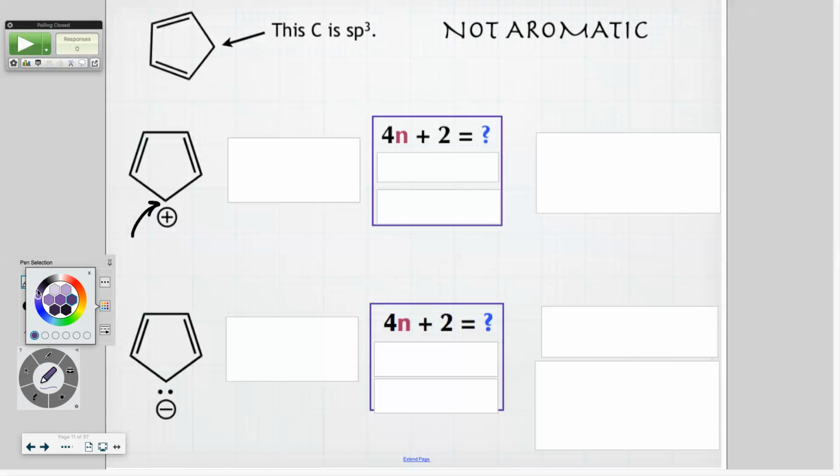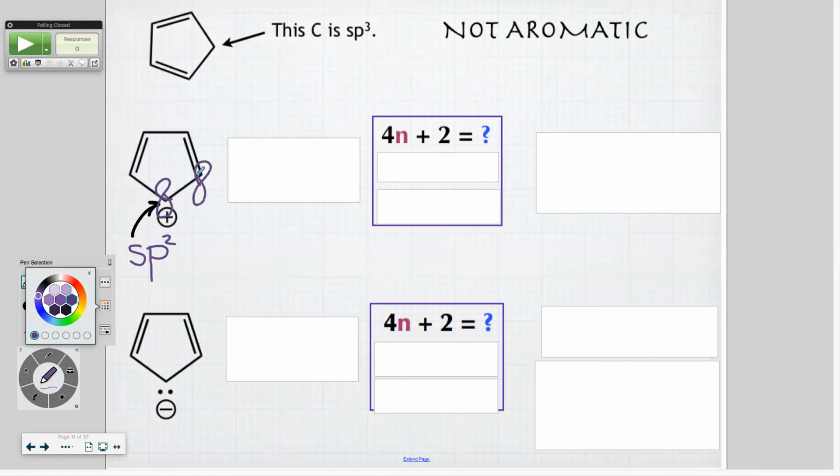All right, but what hybridization is it? Do you remember? It's a carbocation. Oh my gosh. I'll give you a clue. Yes, it's sp2.